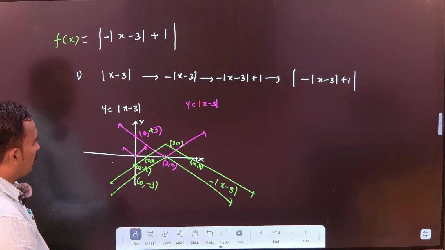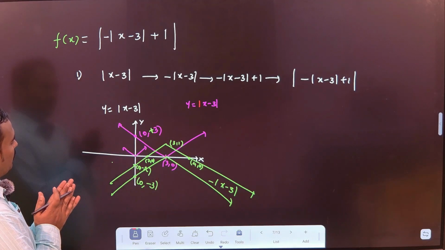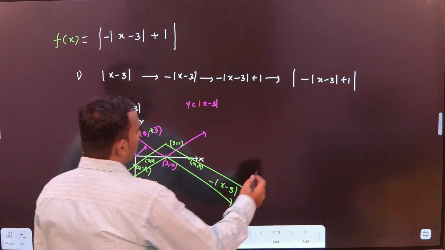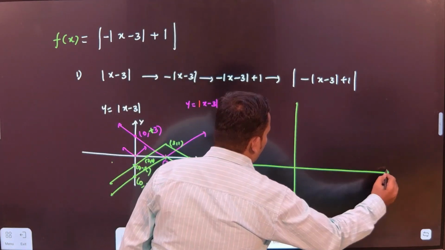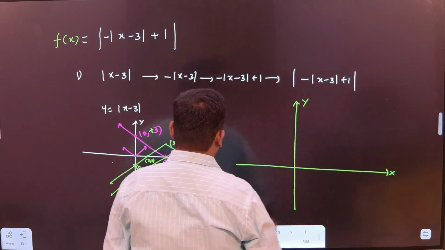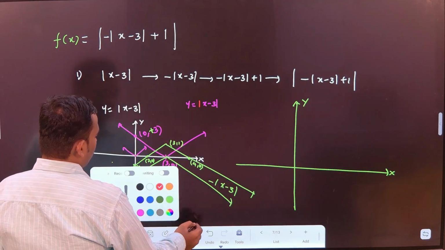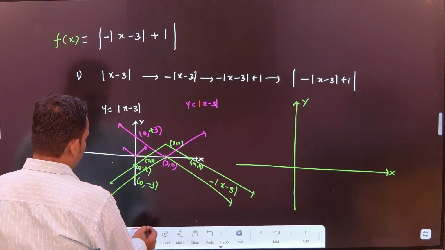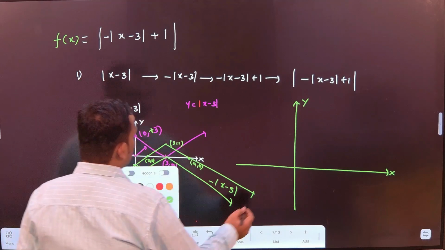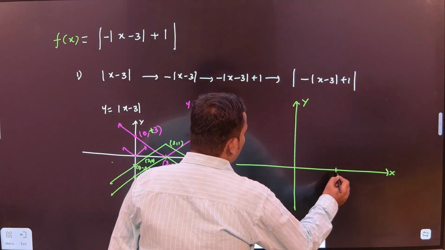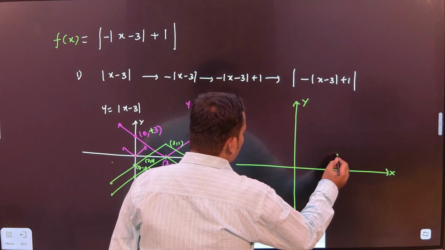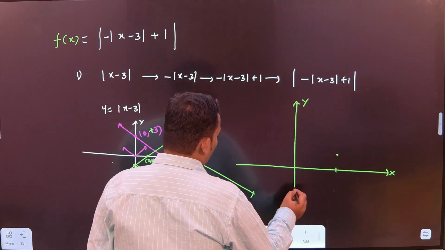Clear? Okay. So first you have to draw separately the x-axis. This is the y-axis. Now what you can do, first you draw the graph of this. What is the graph? This is your 3 comma 1, this is 0 comma minus 2.